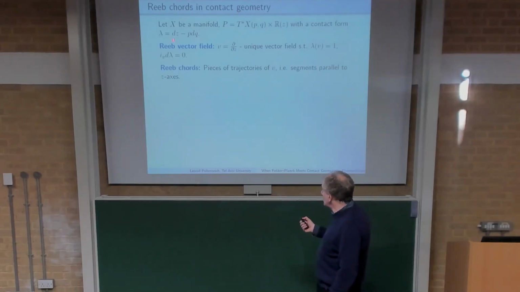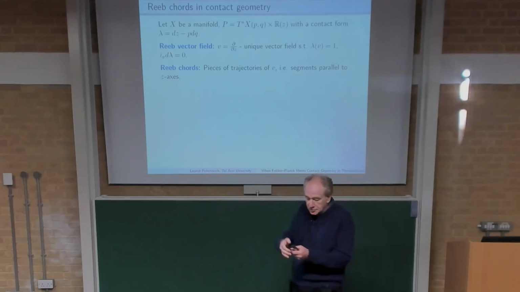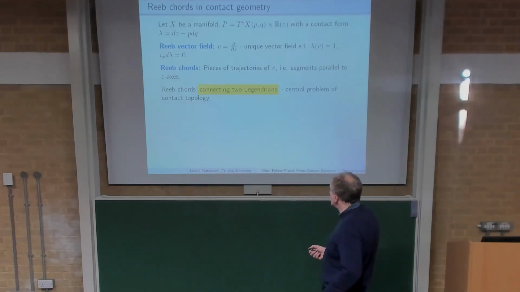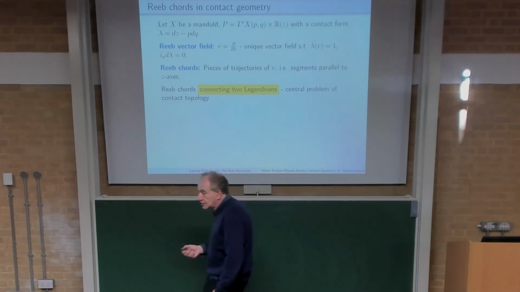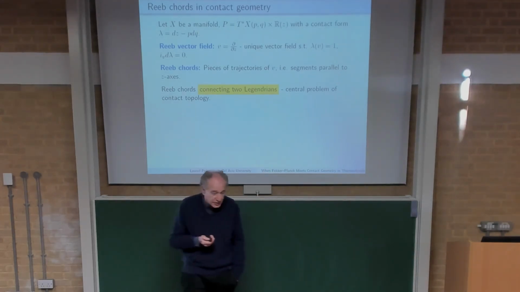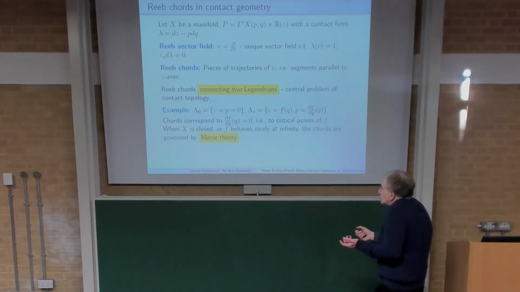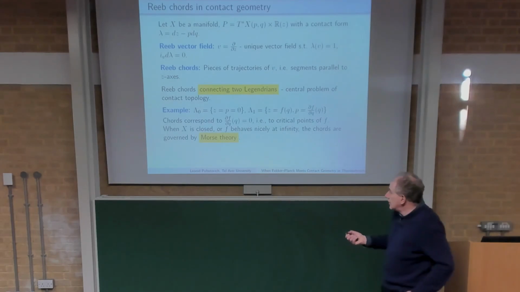Now Reeb chords with respect to this contact form are pieces of trajectories which are just parallel to the z-axis, so just vertical pieces. One of the central problems of contact topology is to find Reeb chords joining two Legendrian submanifolds. The reason it's possible to develop some theory is the following.